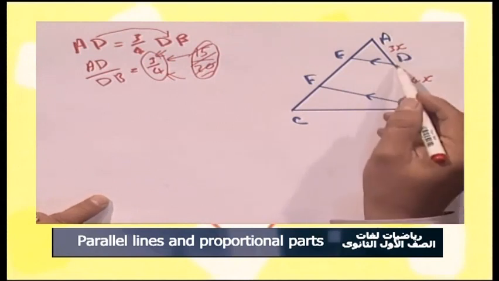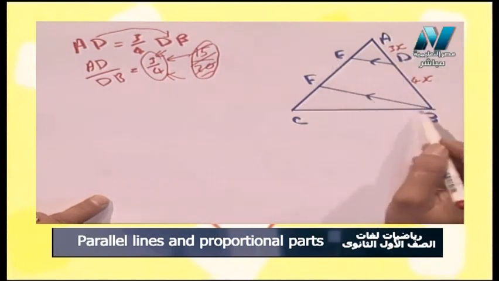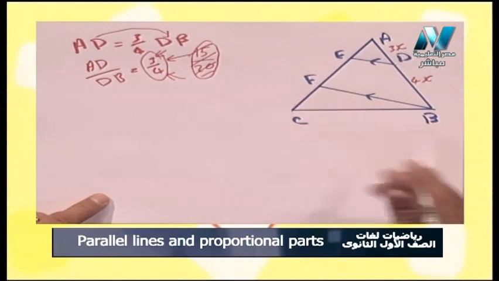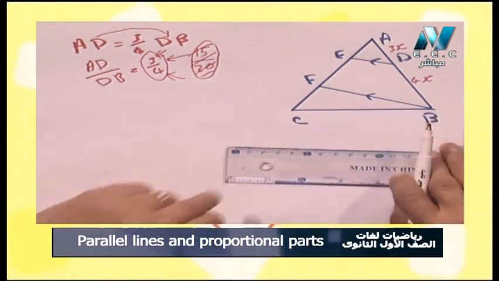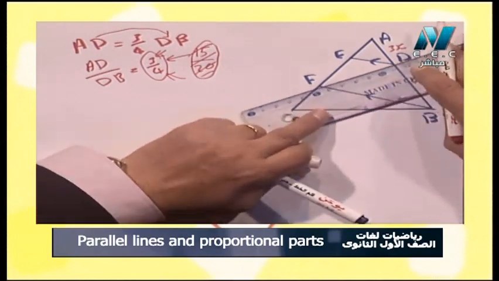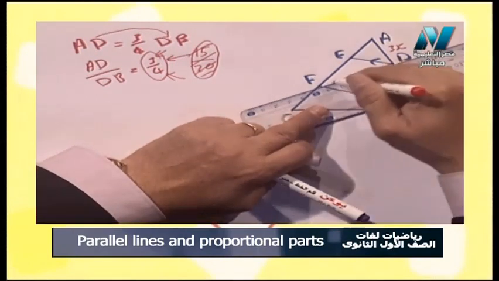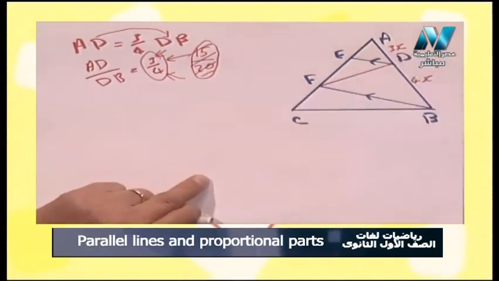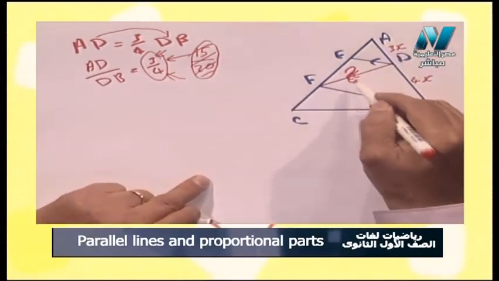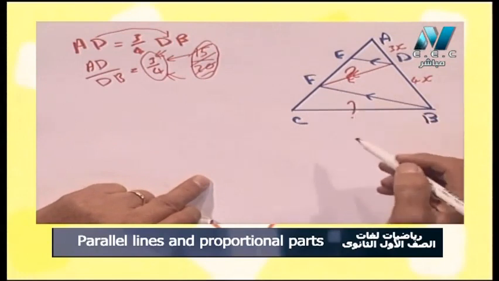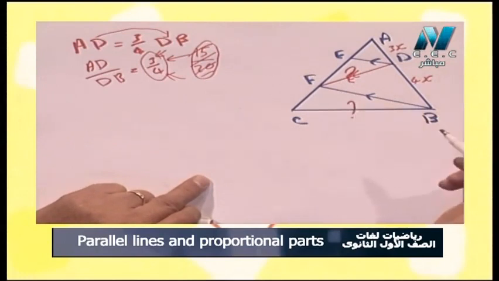And we have DE parallel to BF. Required to prove that DF here is parallel to BC.